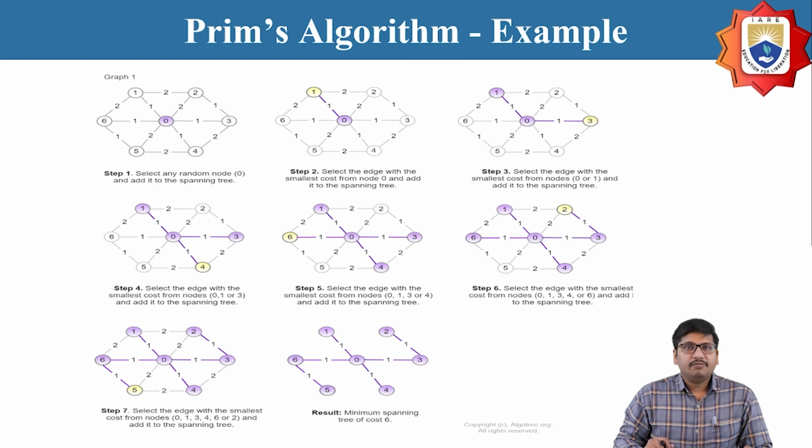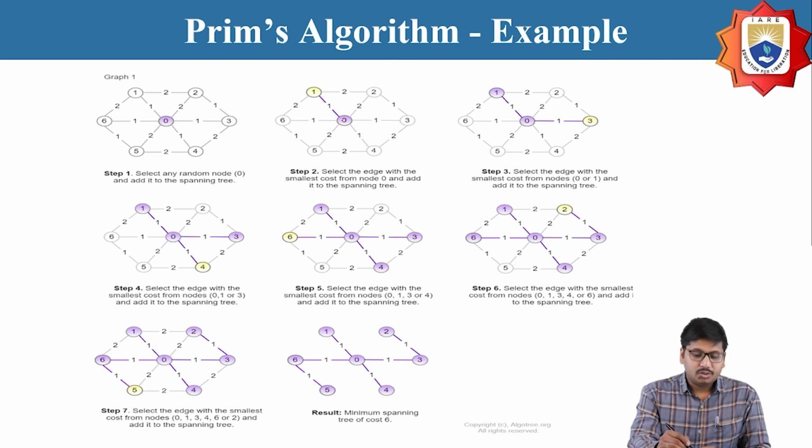So consider a graph here. In this graph, I'm going to select 0 as the starting point, and then see what is the minimum weight connected from 0 to 1, 2, 3, 4, 5, 6. I can select 0 to 1, I can select 0 to 2 as well.